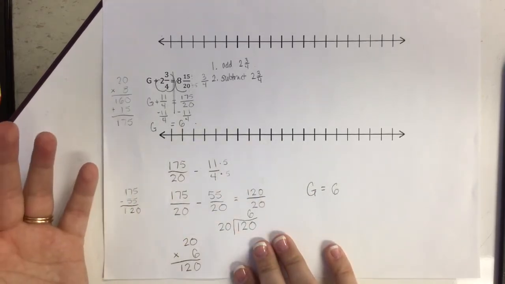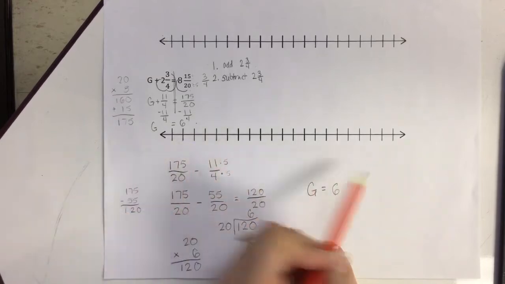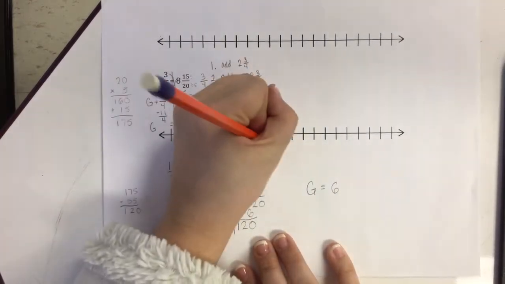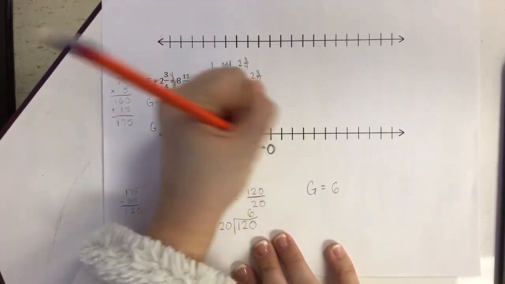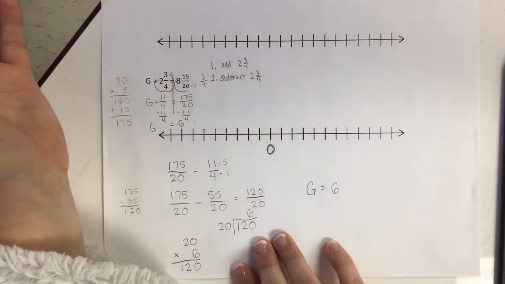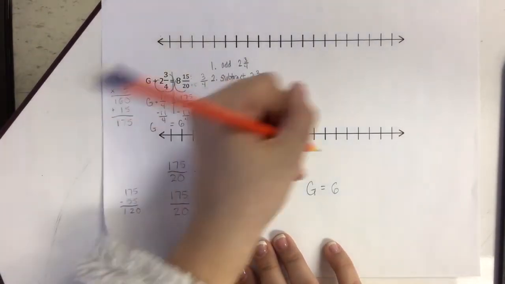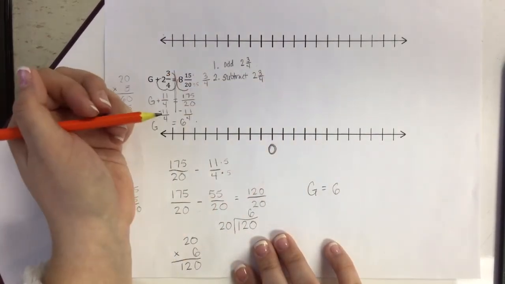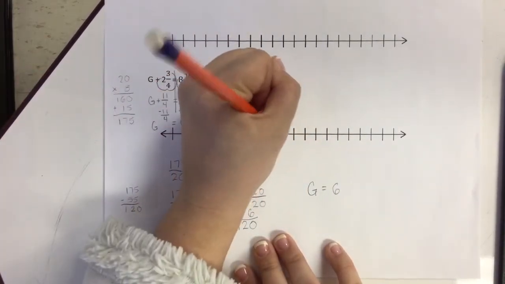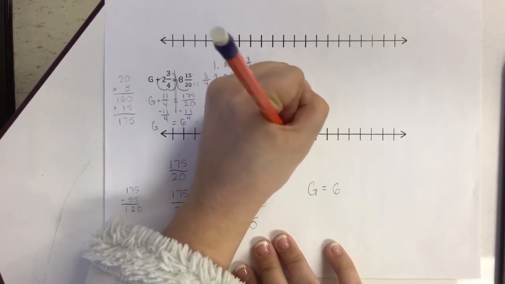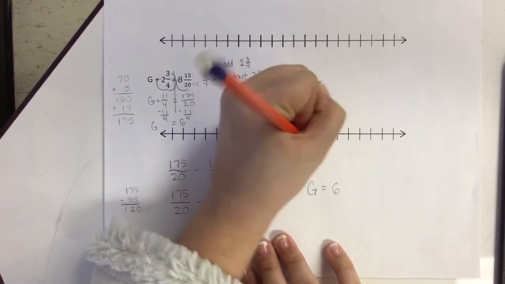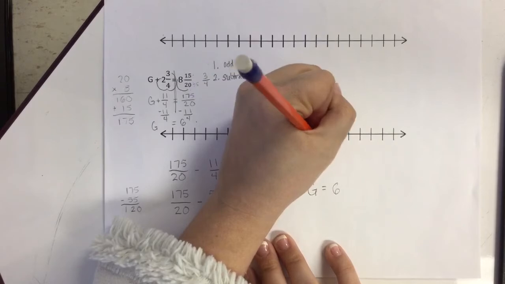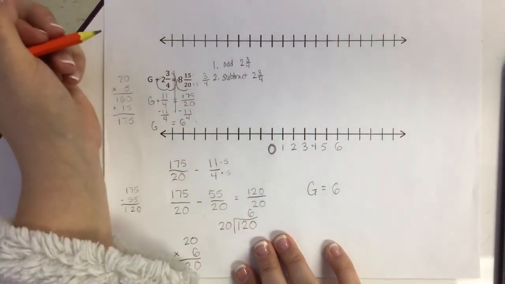Well, how do we graph that? If we're looking at our number line, there's no numbers on our number line right now. So I'm gonna go ahead and just label one of these 0. So I could have chosen to put 0 over here. I could have put 0 over here. All I know is that I need to have a 0 somewhere on this line. I'm gonna go ahead and count. 1, 2, 3, 4, 5, 6.